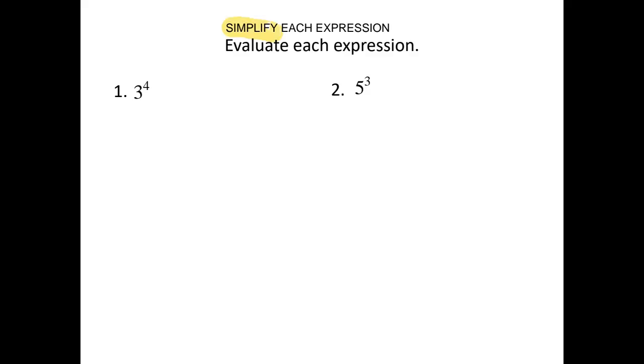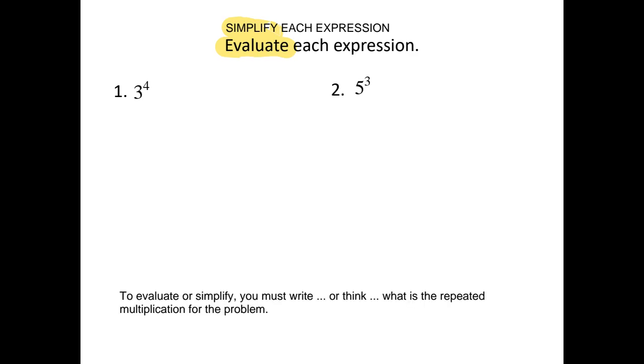Now, in order to solve this, to evaluate or simplify, you must write or think what is the repeated multiplication for the problem. Well, that's the catch. To evaluate or simplify, you must write or think what is the repeated multiplication.